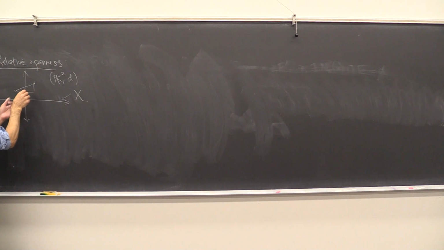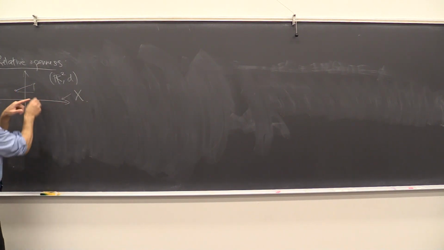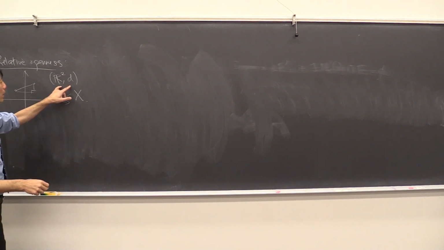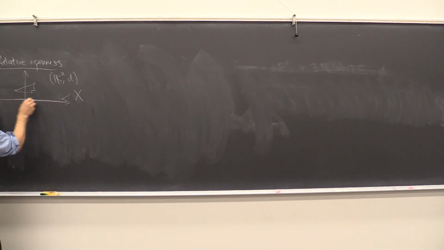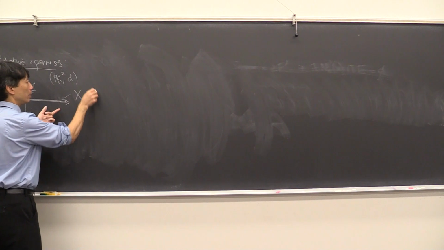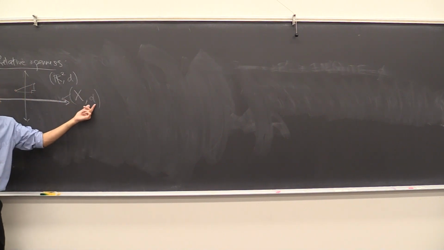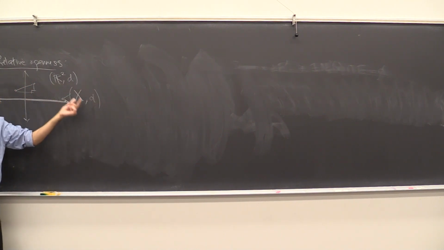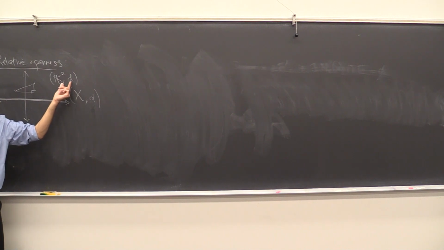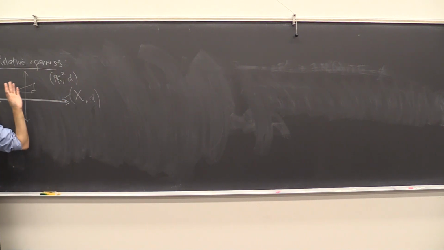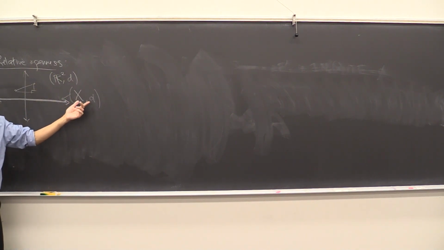Use the Pythagorean theorem to get the distance between these two points. Look at some subset, in this case the x-axis, and think about that with the inherited metric, the metric that it inherits from the ambient space. Is that still a metric space?